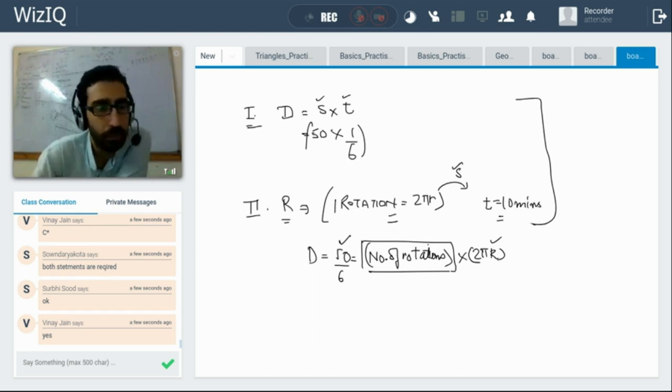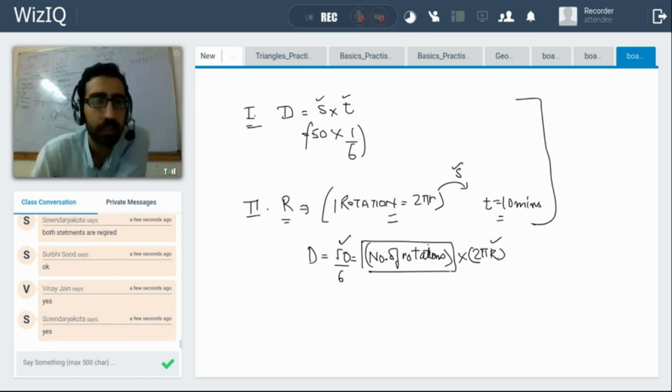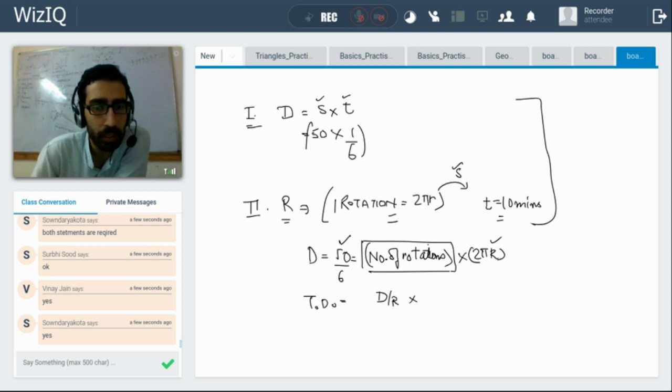Is this clear? What I've done here is I have taken total distance covered to be distance covered per rotation into number of rotations. It's very simple. Now what's the distance covered per rotation? 2 pi r. This is what 2 pi r is.